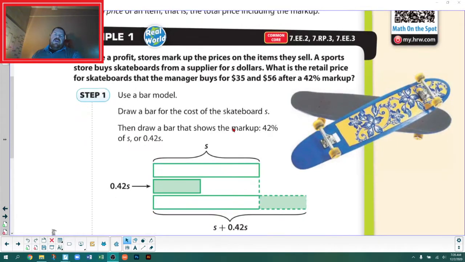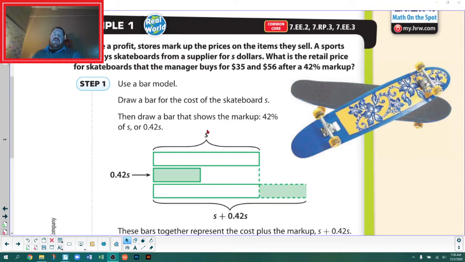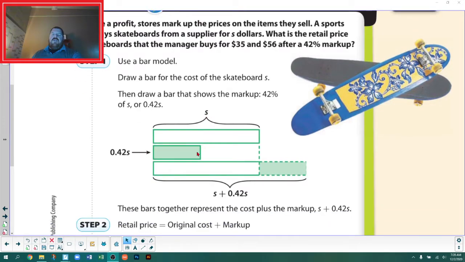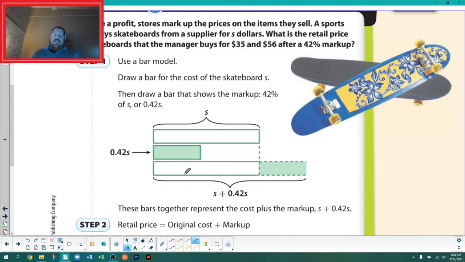If we look at the original price that the company buys it for, being S, and then they want a 42% profit. So this is the store price, what the store bought it for. And then this is the amount of profit that they want.